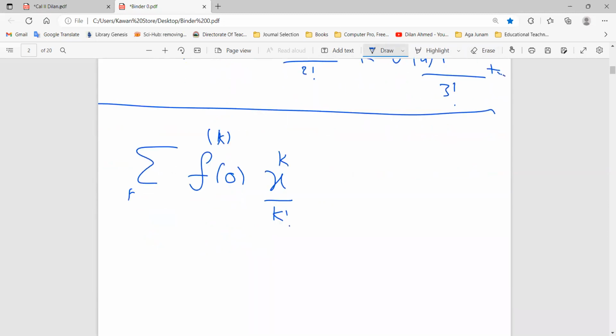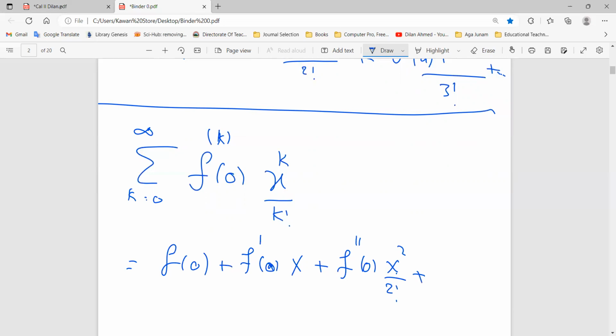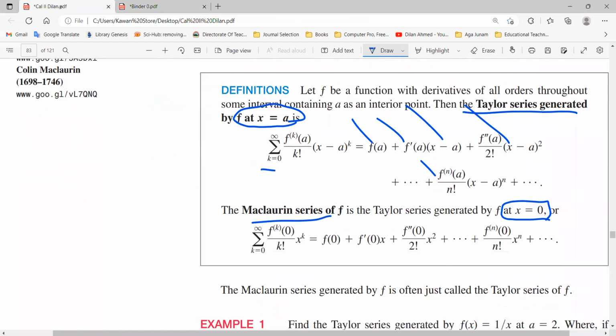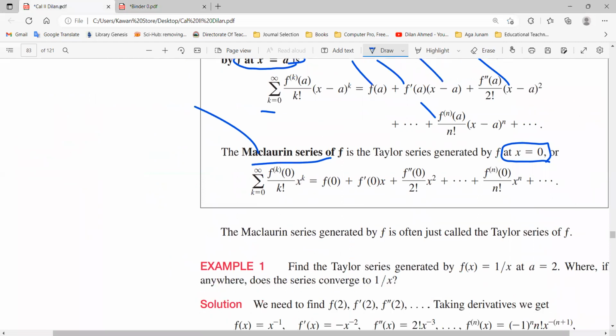When we expand that one, from 0 to infinity, I'll get the function itself, first derivative, second derivative, third derivative, and go on. You can compare between the Taylor and the Maclaurin. During the exam, for example, if I say find the Taylor series for that one, when you say Taylor, you have a. When you say Maclaurin, you have nothing. Clear? Good.